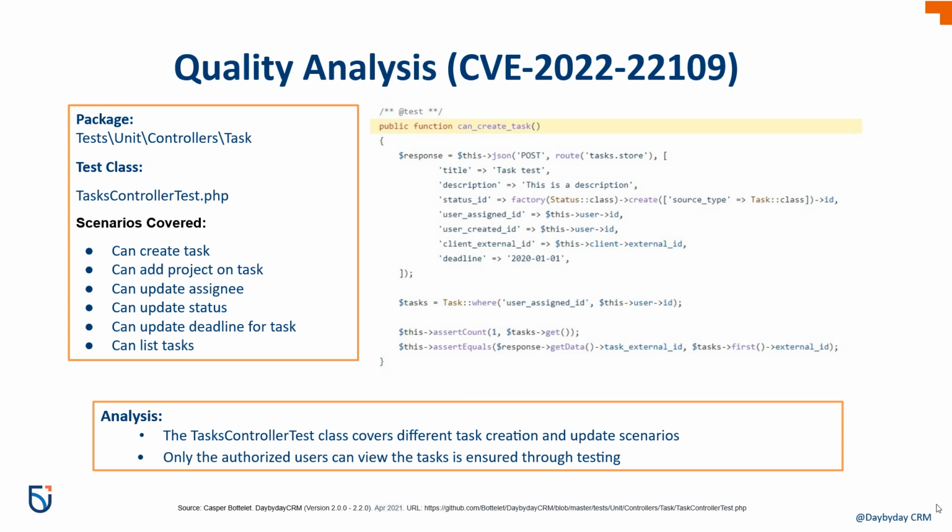Really, all of these scenarios have been tested, and from the test it appears that only authorized users are able to view the task, and so this gives us sufficient assurance that the vulnerability has been fully remediated. I'll pass this on to Olawumi for the next vulnerability.